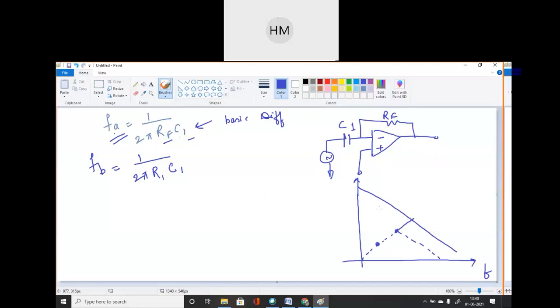This is the frequency response. This is my starting frequency FA. This is my FB frequency and the last frequency is FC, till where your differentiator circuit will work.